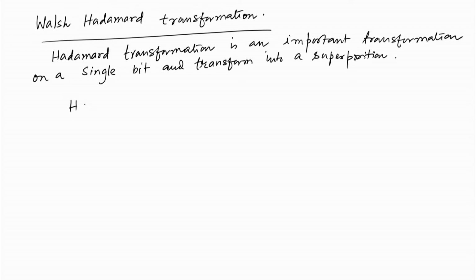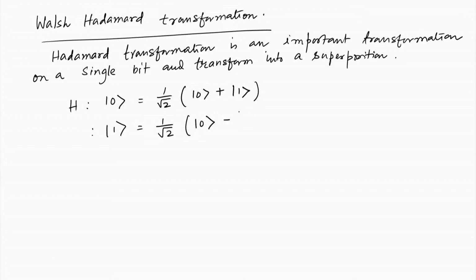So, H acting on a 0 gives a normalized superposition of 0 and 1, and on a 1 it is just a change in sign for the second term, which is also a superposition like this. So, this has important applications.